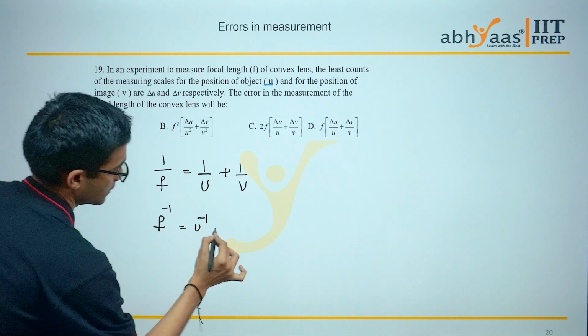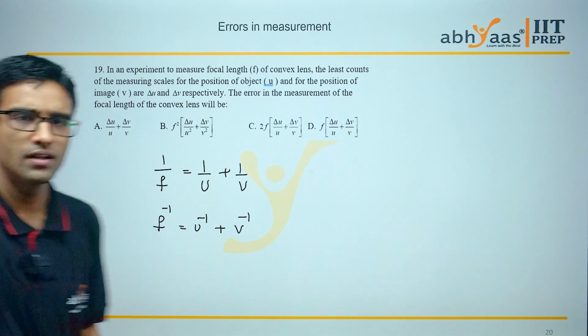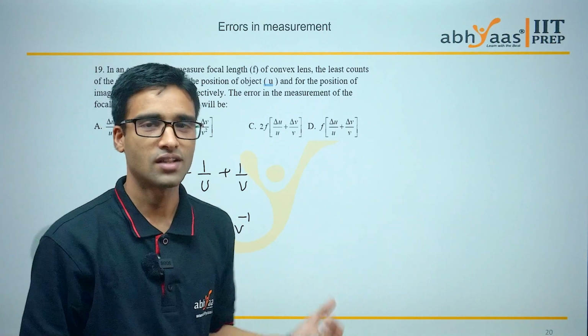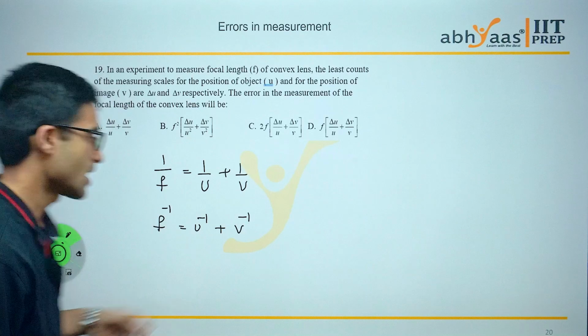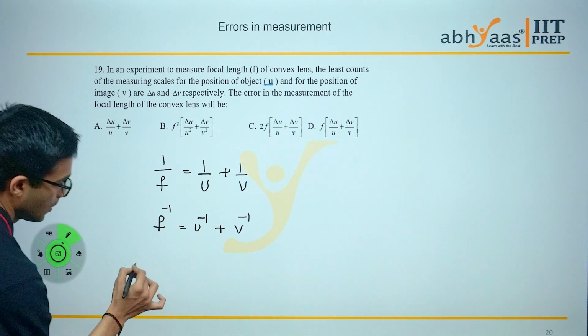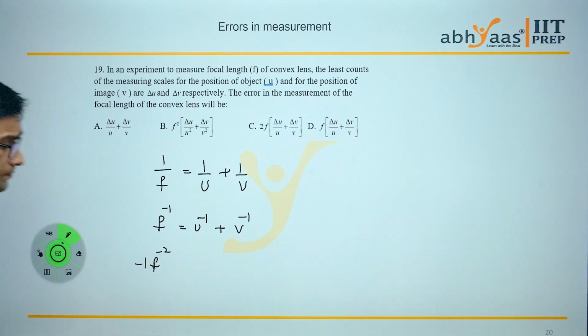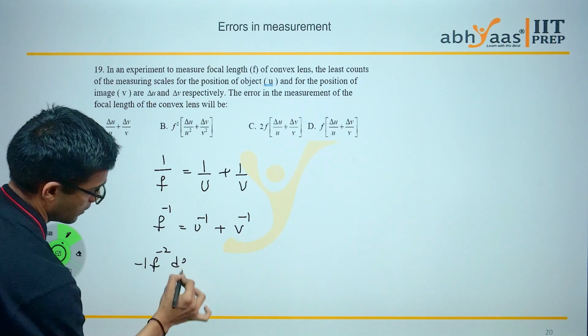u power minus 1 plus v power minus 1. Okay, why I have done it like this, you can understand by seeing the next terms. If I differentiate this one, the differentiation of 1 by f is minus 1 f power minus 2 df.